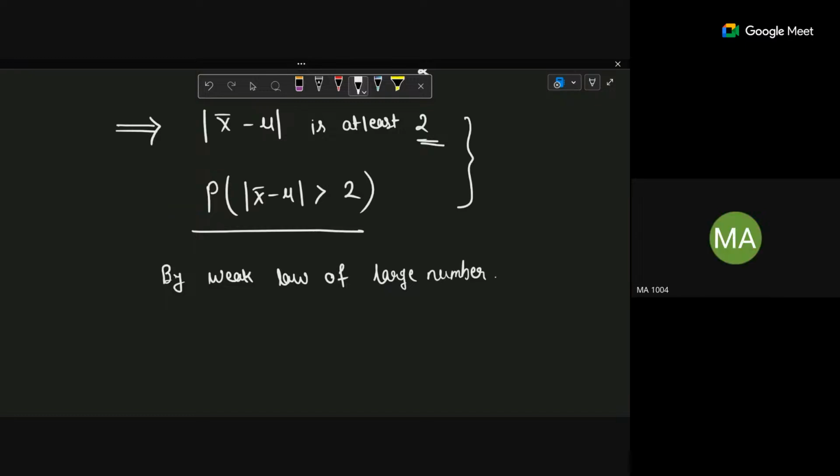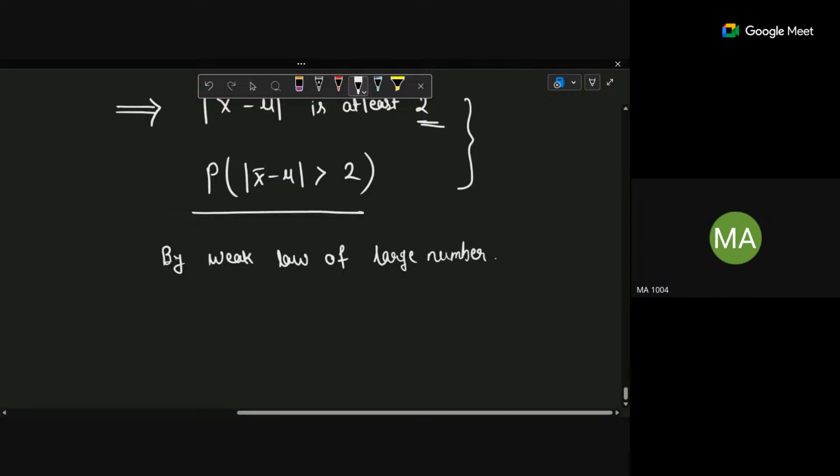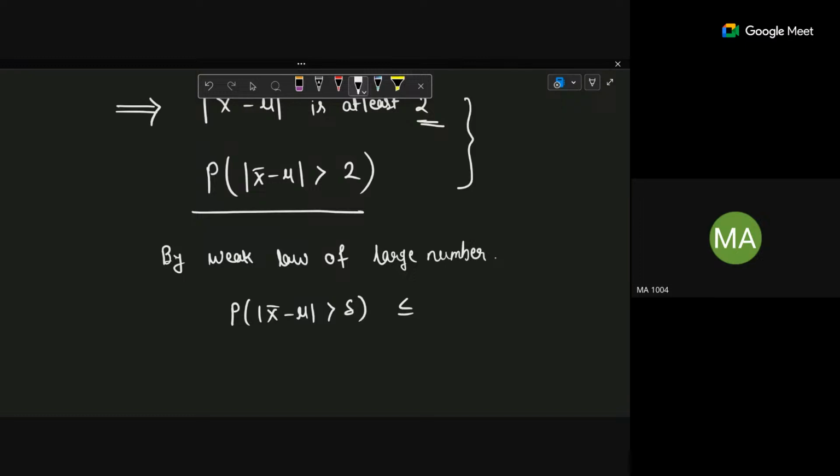From this statement only, you can tell whether you have to calculate an upper bound or a lower bound. Even though the question gives upper bound, from this statement you can predict what you want to go for. The probability that the difference is greater than delta is less than or equal to sigma square by n delta square.